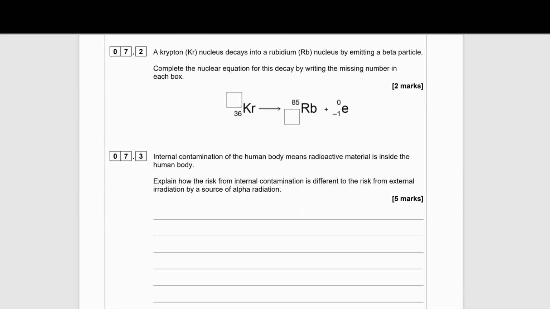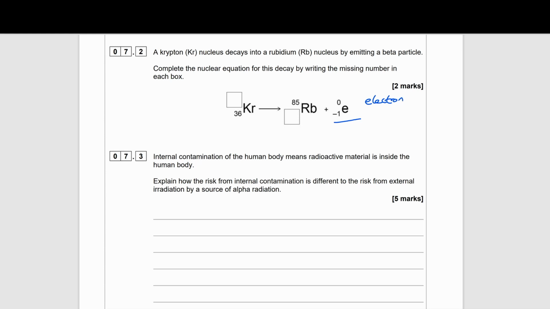Question 7.2. A krypton nucleus decays into a rubidium nucleus by emitting a beta particle. Complete the nuclear equation for this decay by writing the missing number in each box. So, we are given enough information to fill out these 2 boxes. What do we recall about beta decay? Well, what happens during beta decay is there's a release of a high-speed electron.